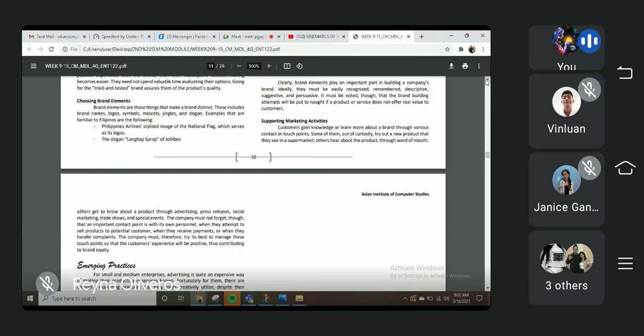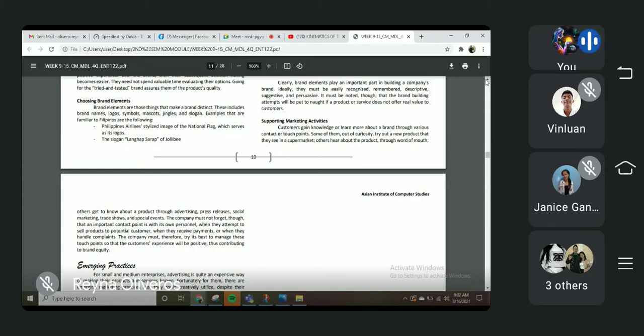Kailangan nare-recognize mo yan. So, the company must try its best to manage this touch point so that the consumer experience will be positive, contributing to the brand equity.